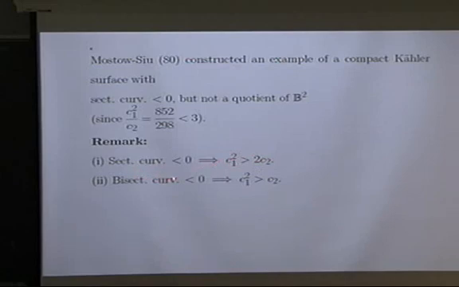If you just want the bisectional curvature to be negative, then you can try to look for more candidates topologically, because negative bisectional curvature only implies that C1 squared is bigger than C2. So we have this example of negative sectional curvature, but not a ball quotient.